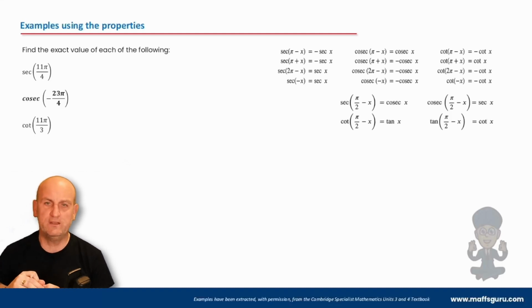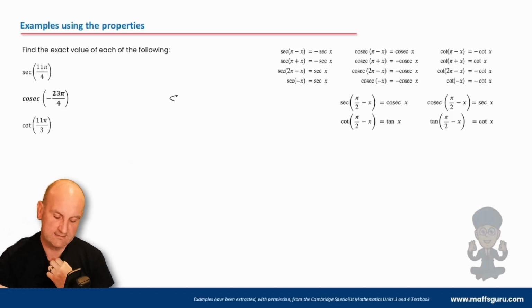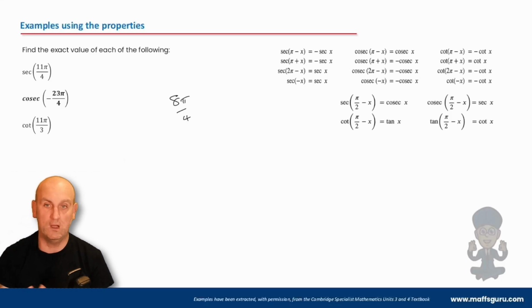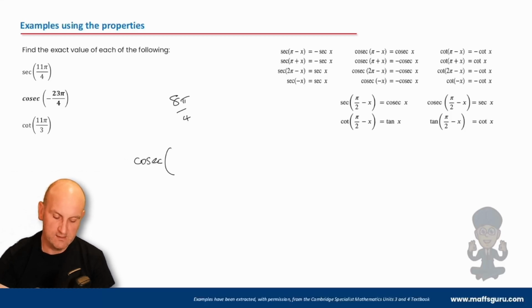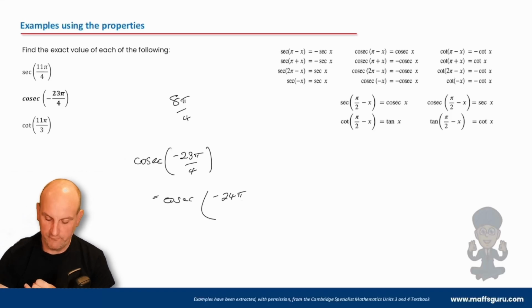Right, the cosec of minus 23 pi on 4. I want to do 8 pi on 4 again, which is going to give me 2 pi's. 8, 16, 24. So if I can get to 24 pi on 4, well, the cosec of minus 23 pi on 4 is the same as the cosec of minus 24 pi on 4 plus pi on 4.